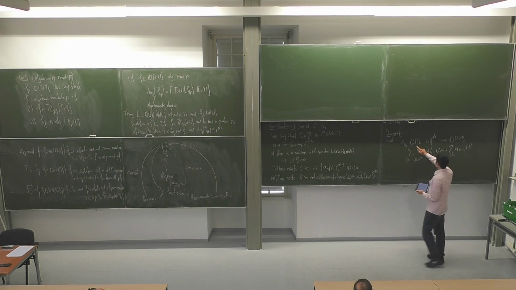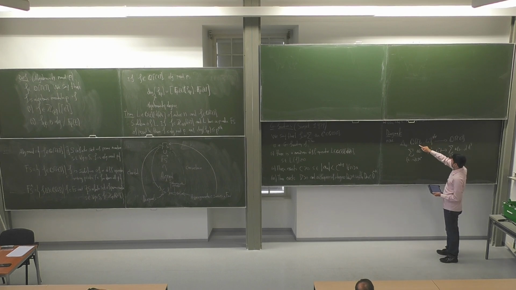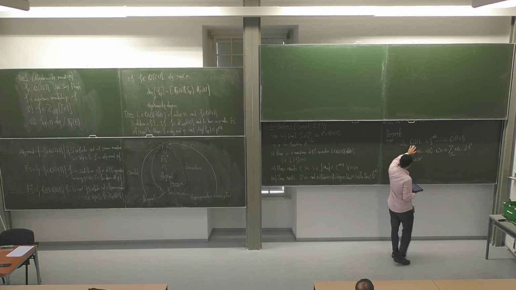So I remember this ring is the ring of power series in n variables which are algebraic over the rational field.